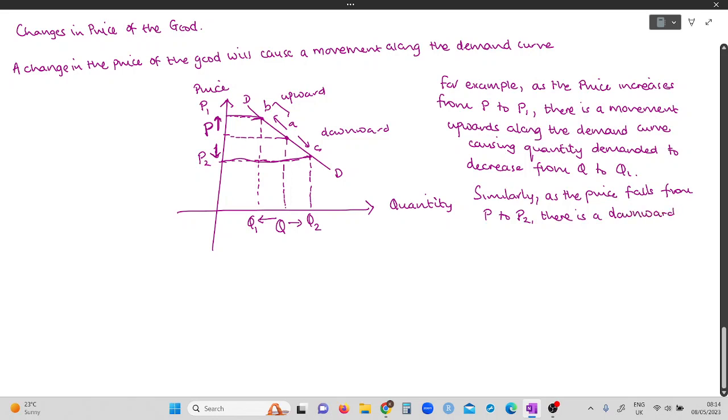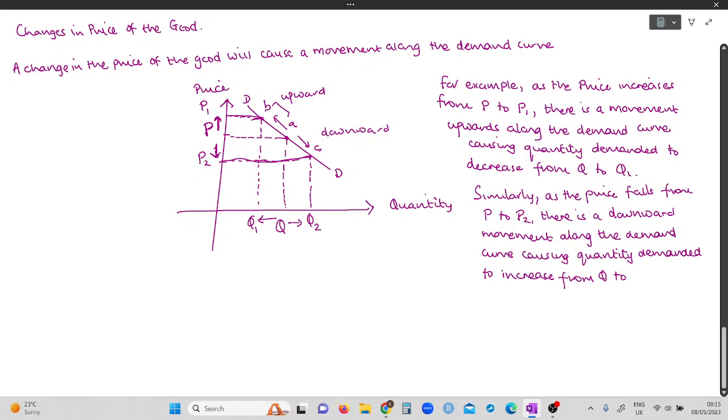As you can see from the diagram, there's a downward movement along the demand curve, causing quantity demanded to increase from Q to Q2.